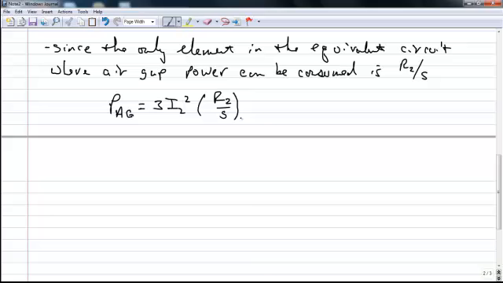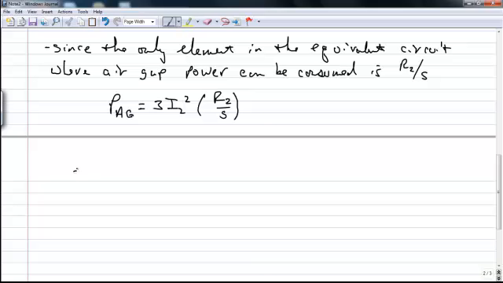When we refer the losses across the ideal transformer in the equivalent circuit, they're unchanged. Remember, power is not changed when we refer it across an equivalent ideal transformer circuit.